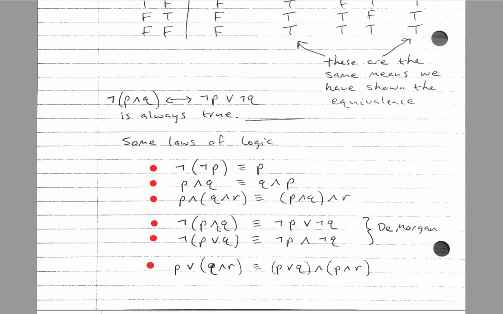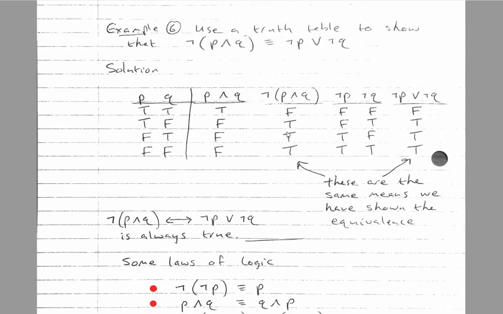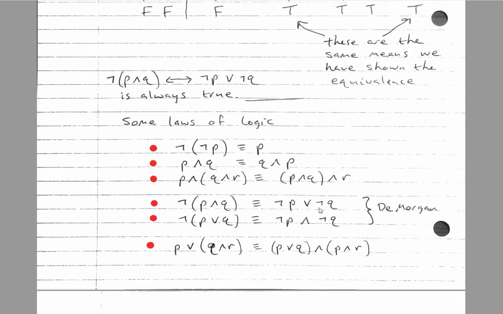Not (P and Q) is equivalent to not P or not Q. Yeah, we just saw that one. And also not (P or Q) is equivalent to not P and not Q. So when you take away the parentheses, the AND changes to an OR, and the OR changes to an AND.